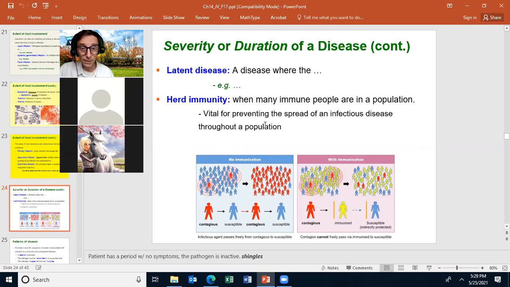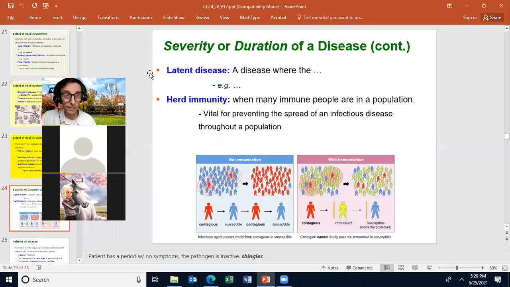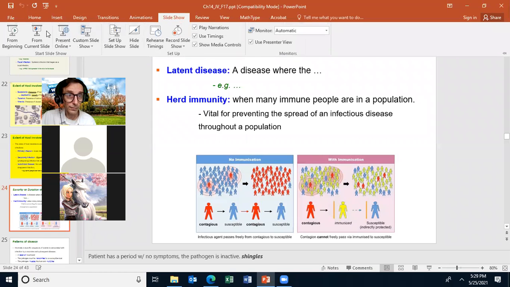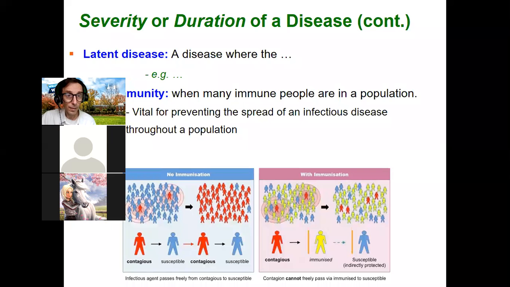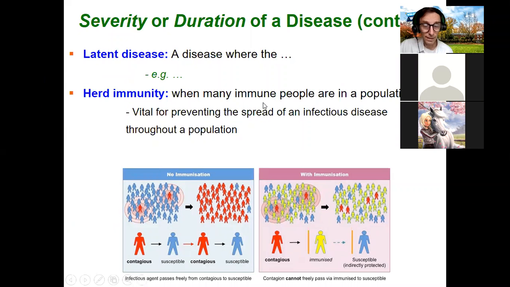Herd immunity is when many immune people are in a population, and that stops the disease from spreading. Let me blow this up so I can show this to you better. When a disease hits a non-immune population like COVID-19, it quickly spreads to other people in the population.